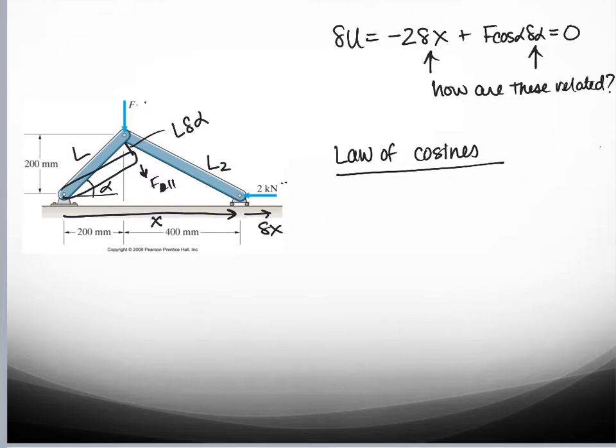We're going to use the two sides that are bordering the angle alpha. And so L squared plus x squared minus 2Lx cosine of alpha is equal to L2 squared. So that's using the law of cosines for the triangle. And I can put everything else on one side.